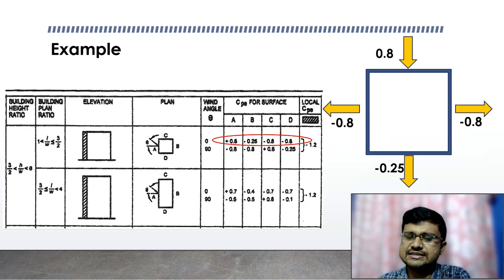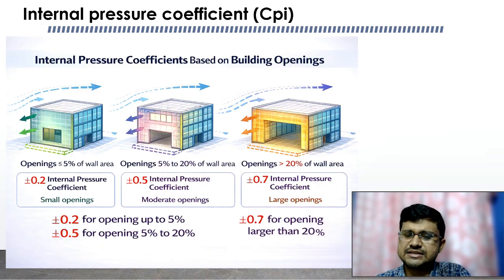And again just after the two separation points, in this particular 25% zone, we can consider the local pressure coefficient for doing the cladding design, and the local pressure coefficient for this zone is minus 1.2.